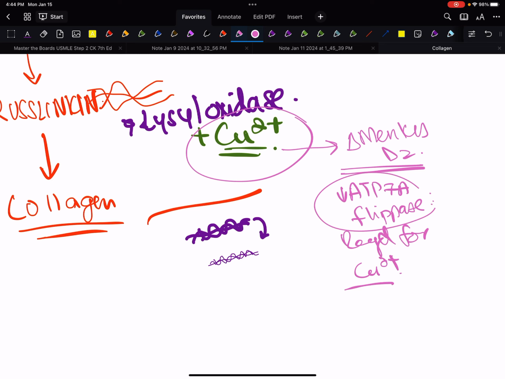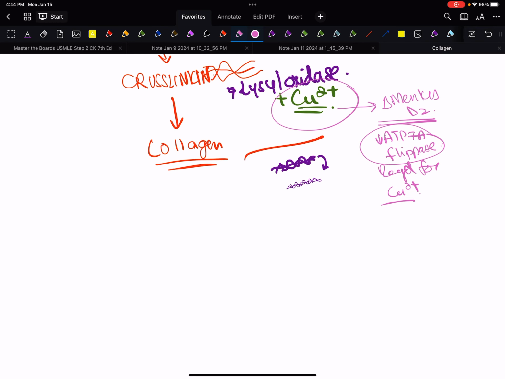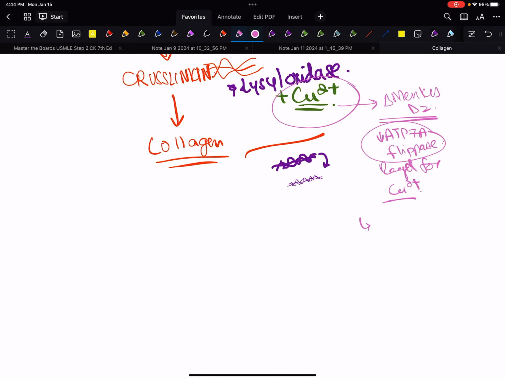So if there's no flippase, there's no copper, there's no cross-linking, so this person will present to us with brittle skin, kinky hair, growth and developmental delays, hypotonia. That's about it. So we can do skin, dry, brittle nails, growth delay.